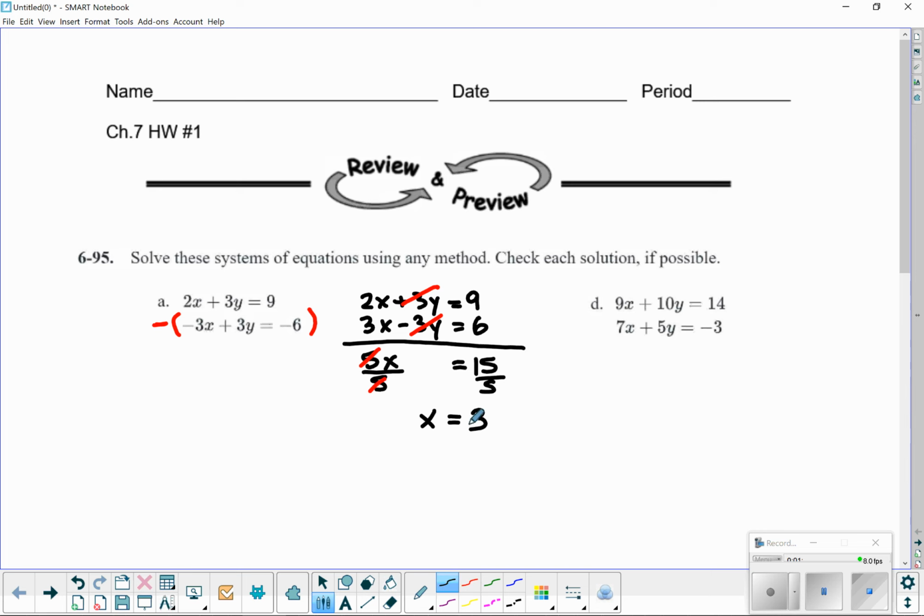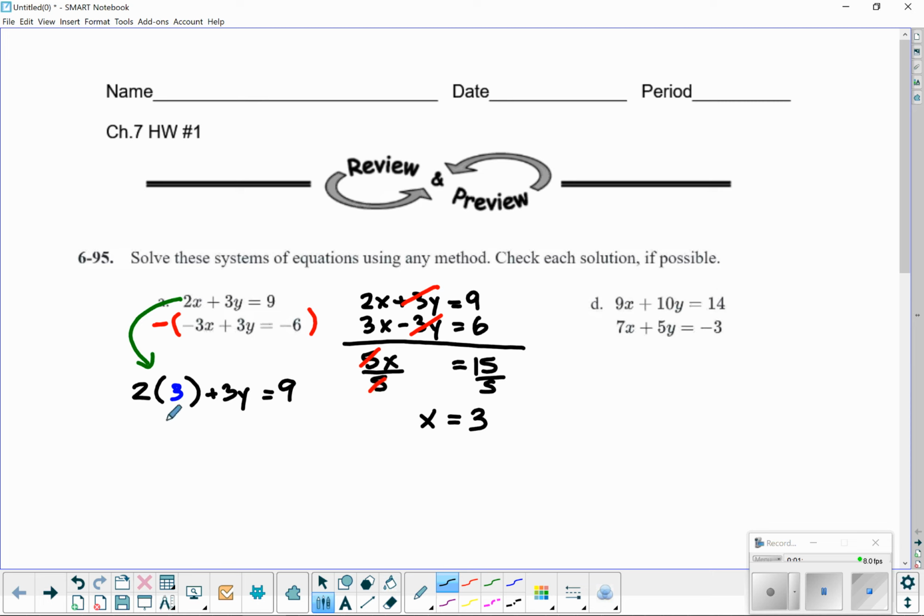Okay? And when we have x equals 3, we're going to utilize one of the other equations. I'll use the top. That top equation is now going to have the x equals 3 in there. So top equation, 2, and then instead of x, I'm going to put 3 in there, and then copy the rest, plus 3y equals 9.